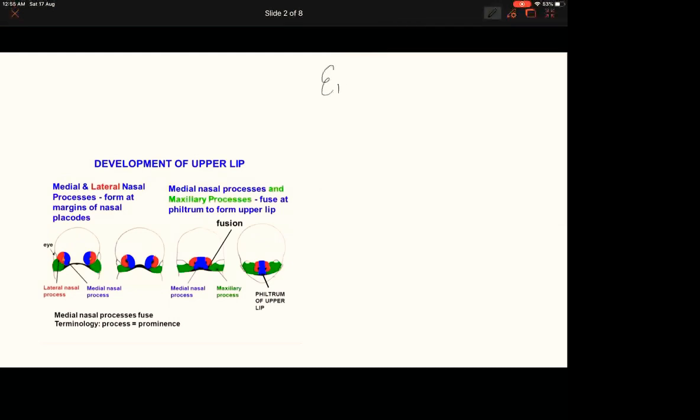The first part that we talk about in embryology is how the palate develops in the face. What is important is that, as you can see, there are two processes. Remember there is something called the frontonasal process.